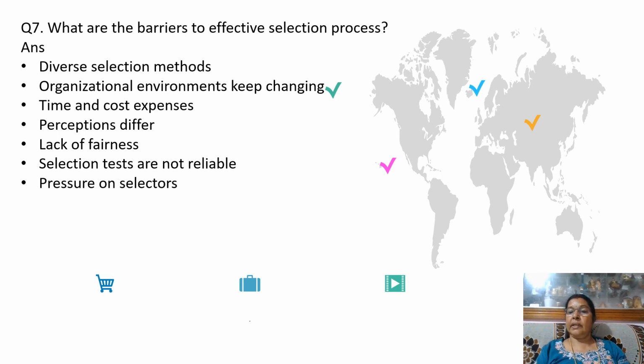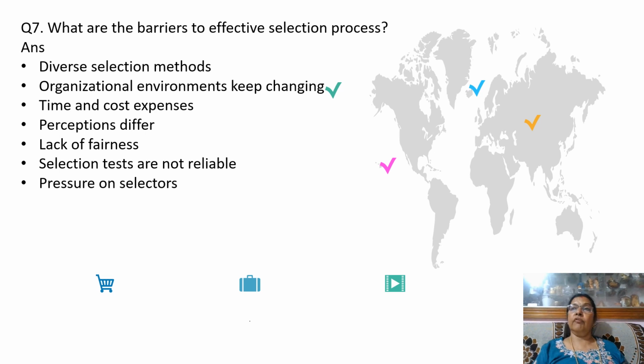And the selection tests used by companies may not be reliable, and may not give a fruitful result, so that can also affect the selection process. And as I told you, the selectors, those who are doing the selection, face a lot of pressure from politicians or from higher-ups in the company. They will be pressurized to focus on a particular candidate and select only that candidate.